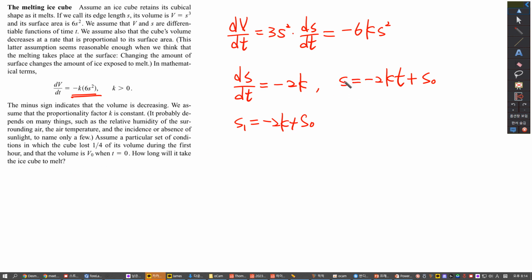That means at that time the S will be 0. And according to the equation, the time taken is S0 over 2k.